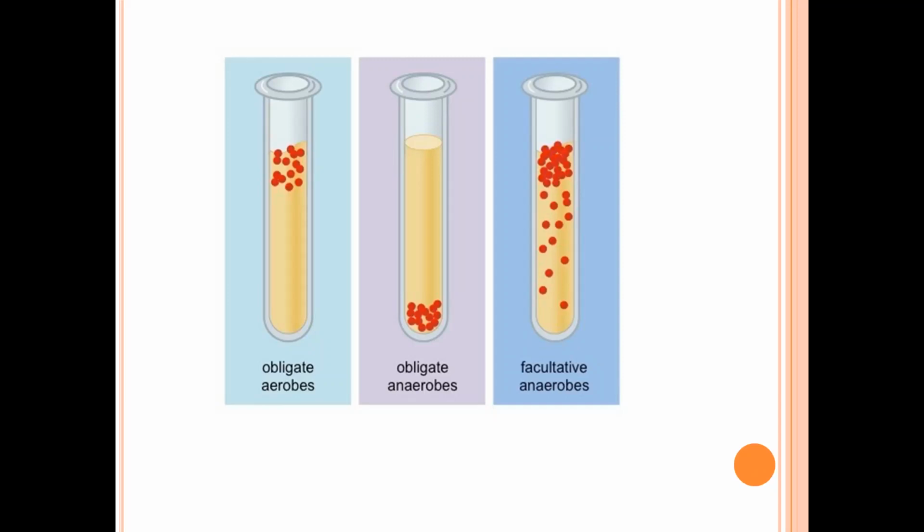If they find themselves in the presence of oxygen, they will die. If you go over here to facultative anaerobe, you see that they are concentrated here at the top like they are for the obligate, in the middle, and some of them down at the bottom. So maybe you can see from that picture that if it's a facultative anaerobic type of bacterium, it actually prefers to not have oxygen, but does okay if it does have oxygen.